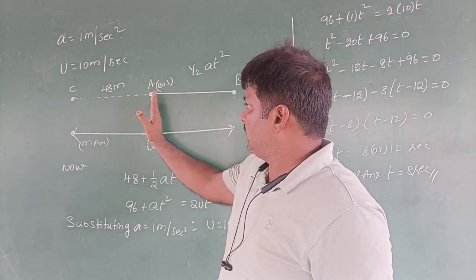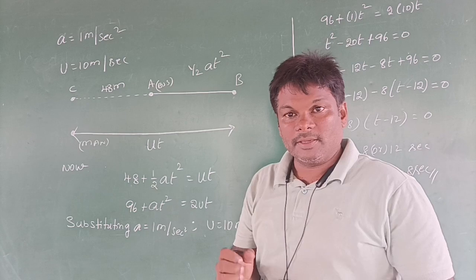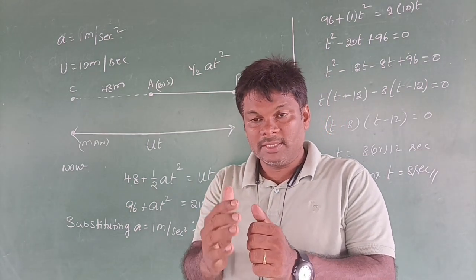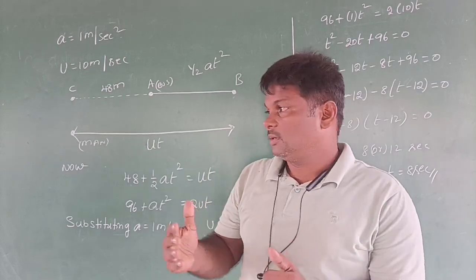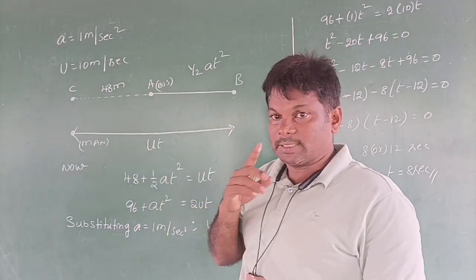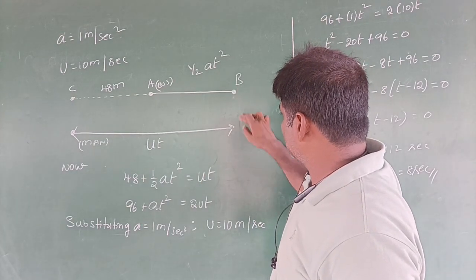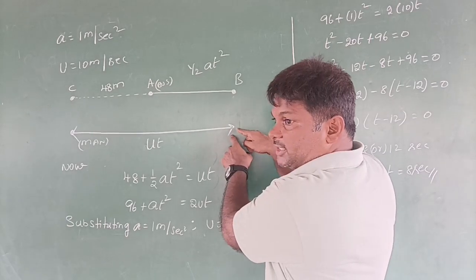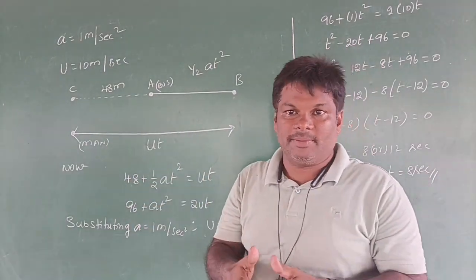First of all, the man is 48 meters behind the bus. He is running to catch the bus. At the same time, simultaneously, the bus starts its journey with 0 initial velocity and with acceleration 1 meter per second square. After a certain time, the man gets into the bus. That means he catches the bus. What is that time?